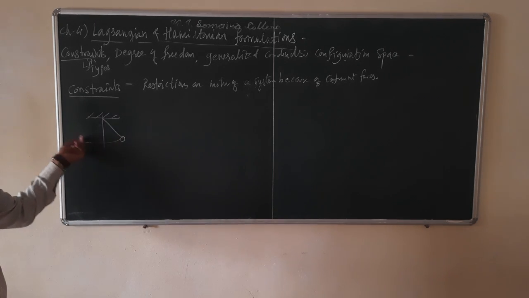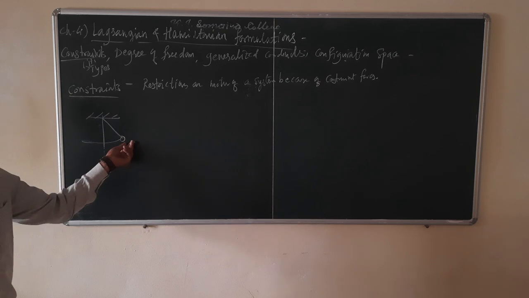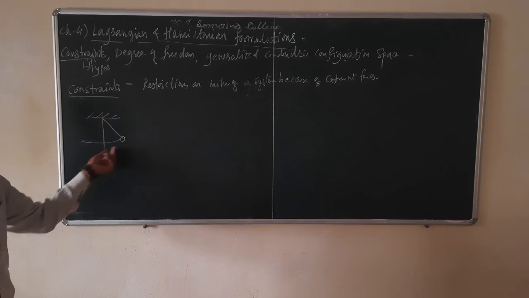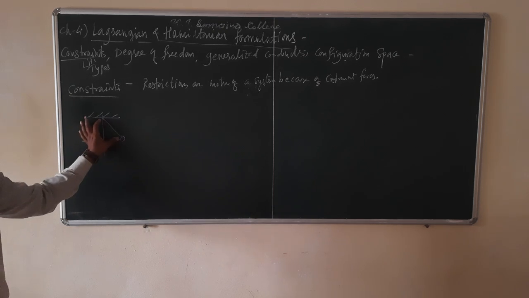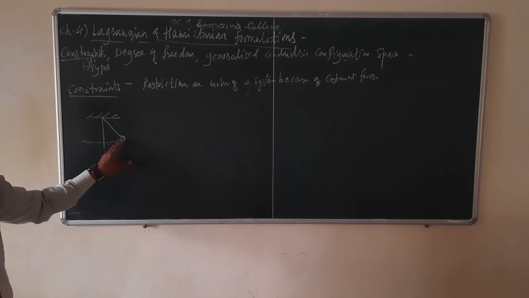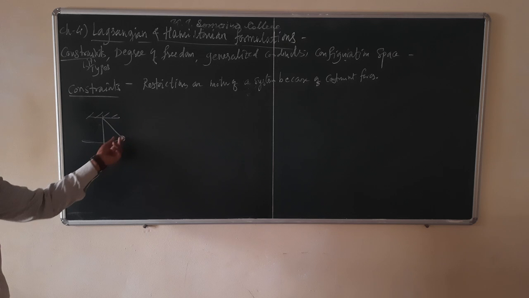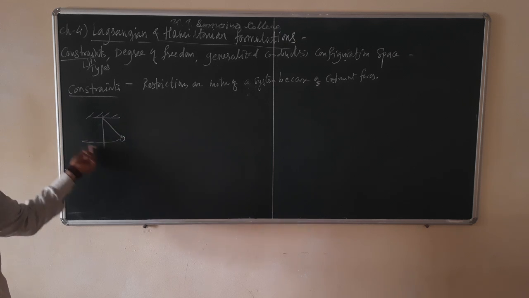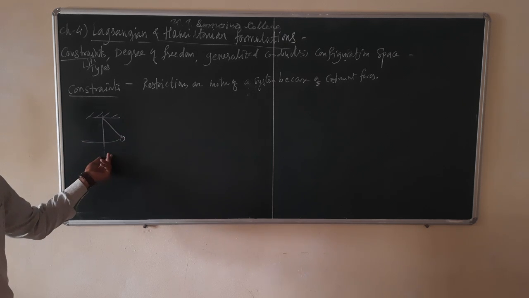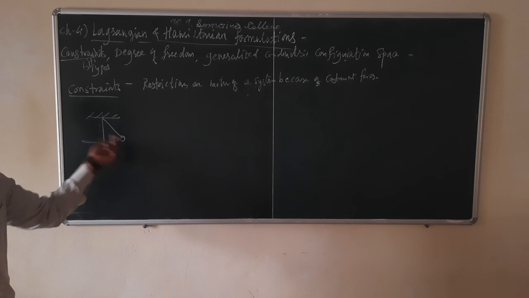This bob is swinging in the plane of the blackboard. So first of all, the length is constant, and suppose this is the x and y coordinate, the z coordinate is 0, because this bob can move only in the plane of the board. So that's why the z coordinate is 0.